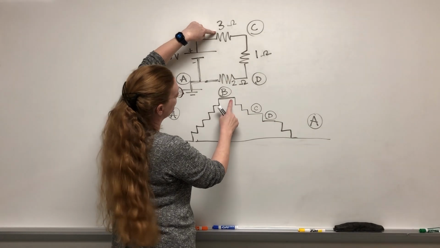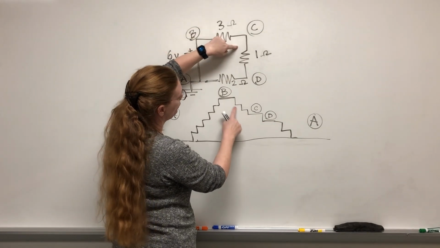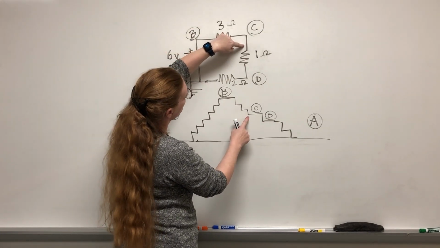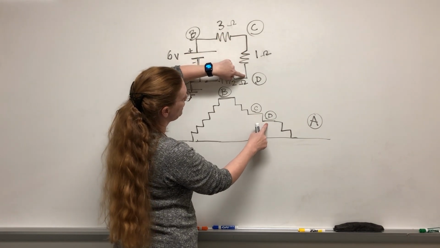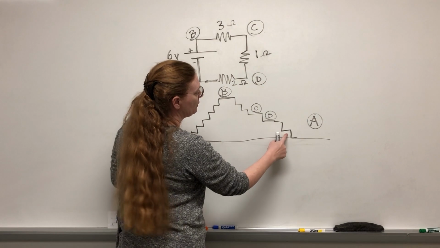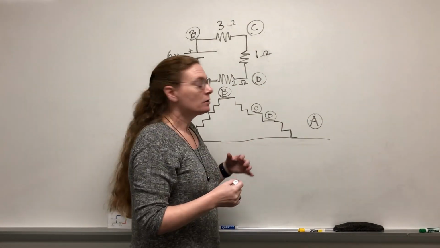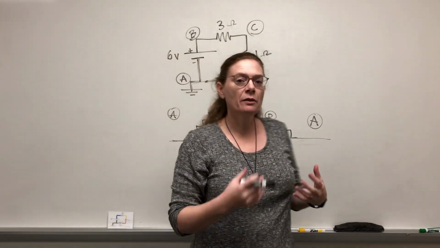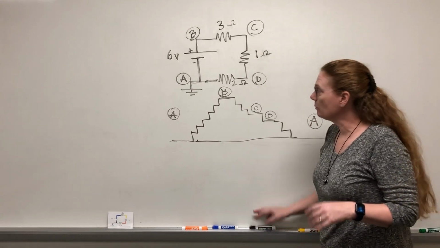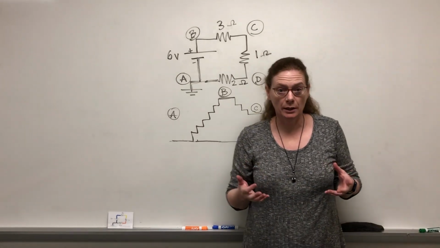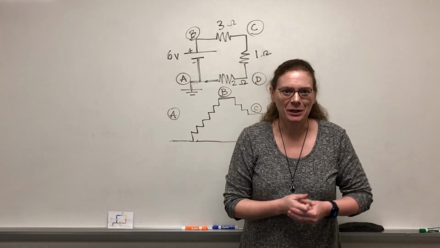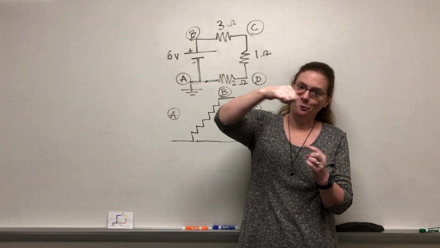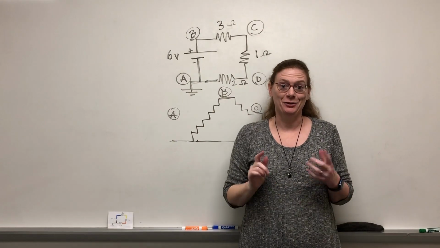So I'm going to go down 3 as I go through this resistor. Point C. I'm going to lose 1 step as I go to point D, and then I lose 2 steps as I get back to A. So that's just a way to think about the potential in a basic series circuit. And there's another visual way that we can do this, actually going around in a circle. I'll show that to you next.